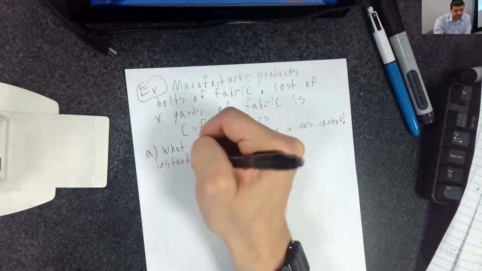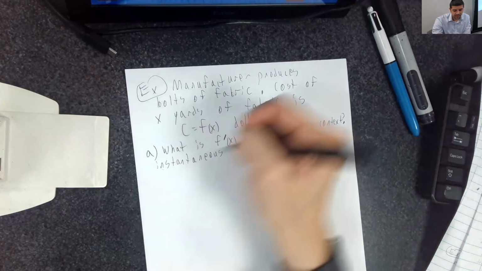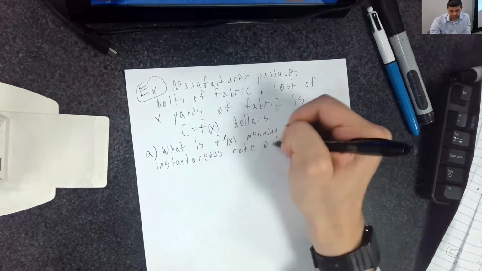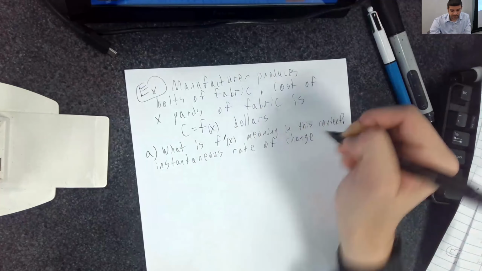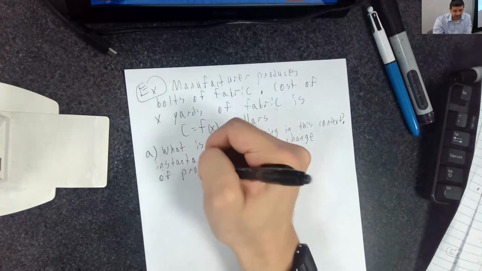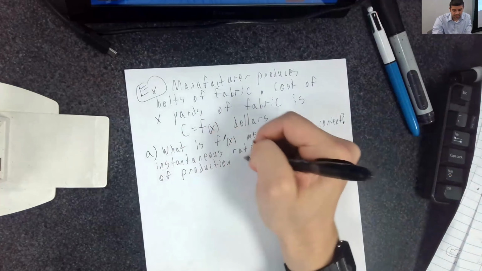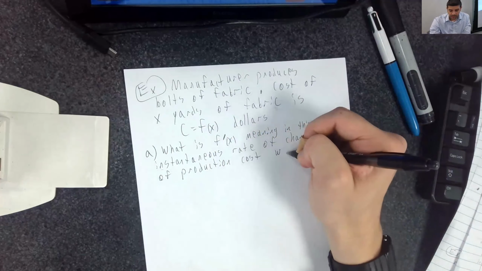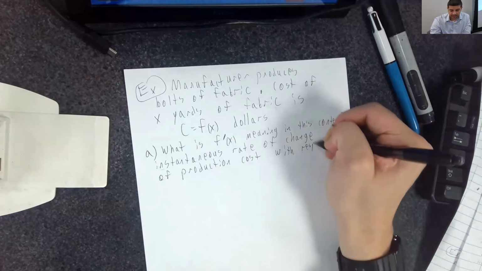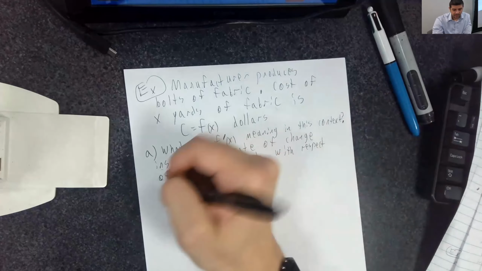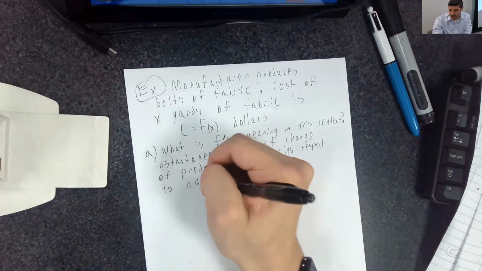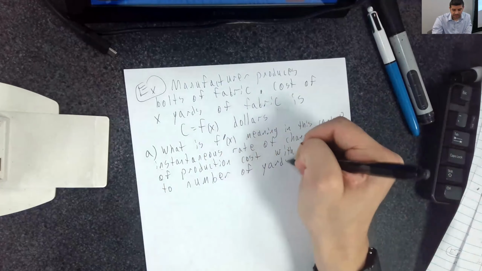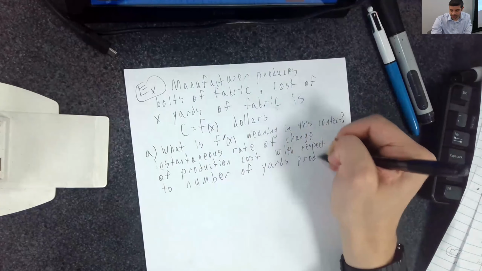It's the instantaneous rate of change of production costs with respect to number of yards produced.